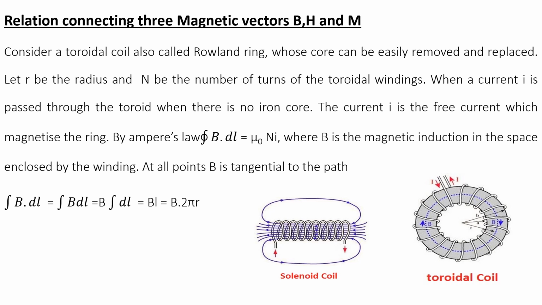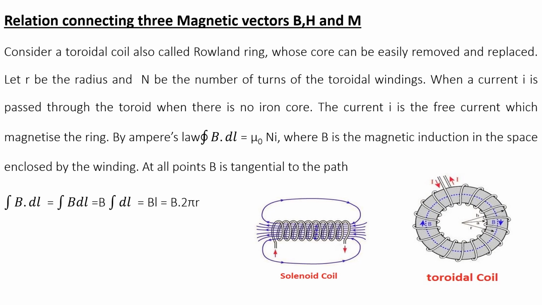A Rowland ring is a toroidal coil, and we are familiar with a solenoid. A solenoid is simply a coil of insulated copper wire wound over a rod-shaped form made of solid iron. In the figure, you can see a solenoid coil. Here, the magnetic lines of force are straight lines in the case of a solenoid.